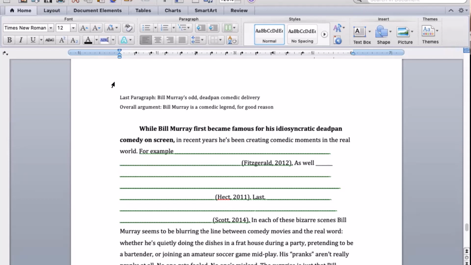Well, Bill Murray's totally unique idiosyncratic style made him famous in the films he starred in. At some point in his career, Bill Murray moved that same sensibility out to the real world. And so I'm trying to take that last thing I was talking about and show how this new topic is connected to that last thing.